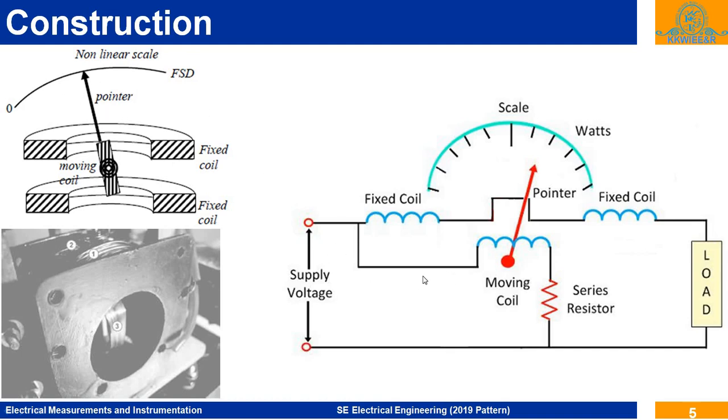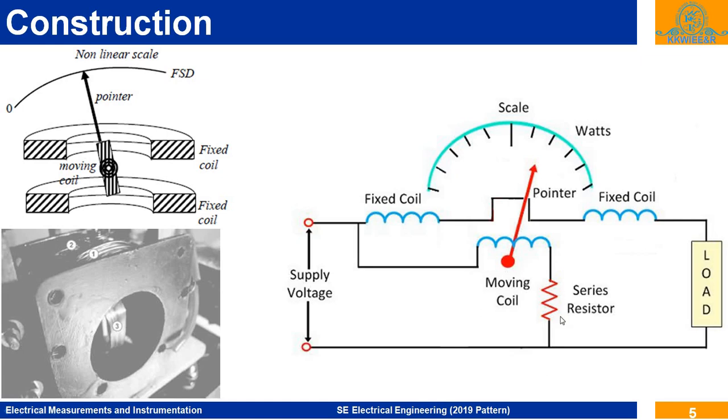This wattmeter is shown schematically to show how we can connect it to the load. Fixed coil 1, F1, F2, fixed coil 2, is connected in series with the load, and carries the load current. Then there is a moving coil, mounted on the spindle, shown with this pointer.